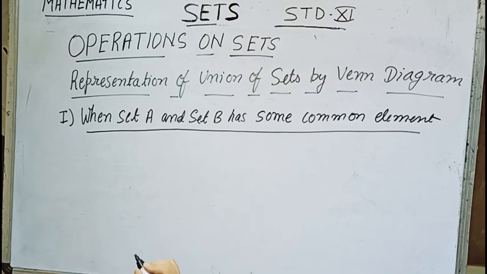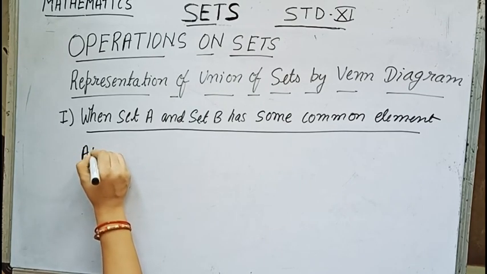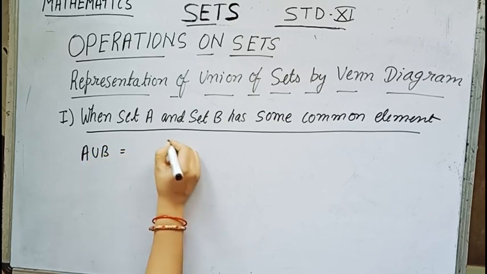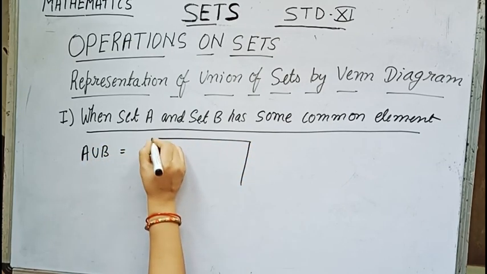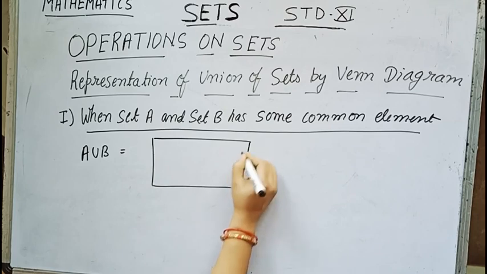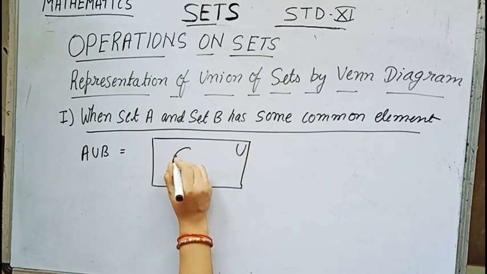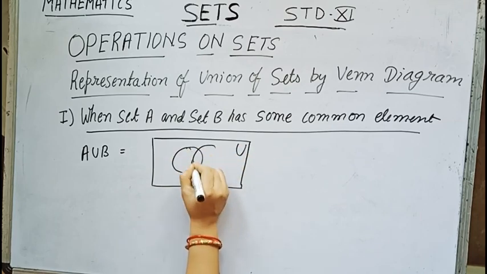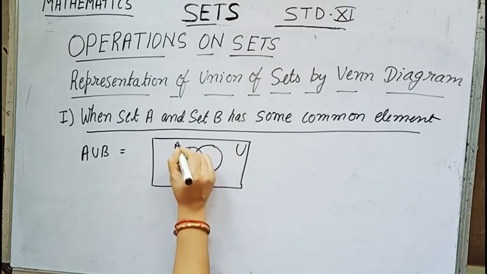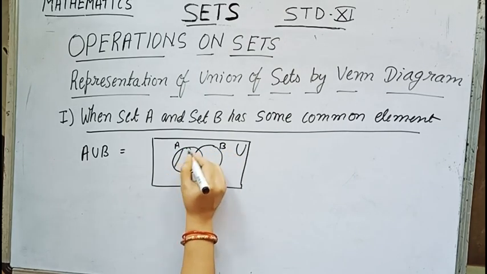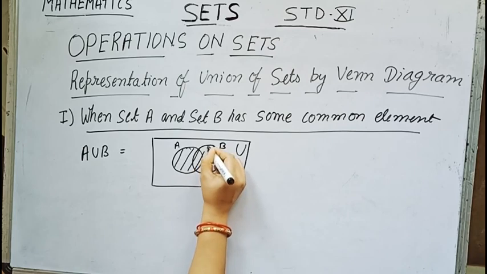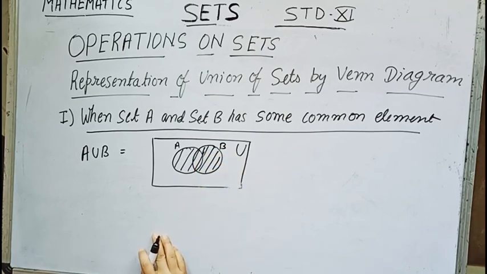In this case, the union of the two sets A and B can be represented by the Venn diagram as, this is the universal set, this is the set A, and this one is the set B. Set A, set B, and the union will be the portion which I have shaded.